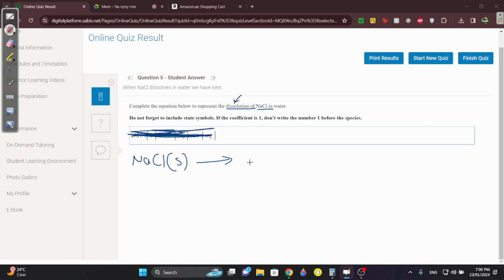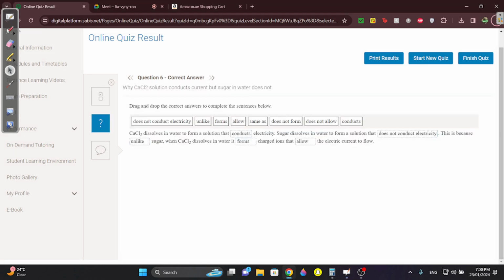NaCl is made up of two things, Na and Cl. We have to put the charges, right? Since we're putting it in water, they're going to dissolve and become ions, and ions have charges. Na is Na plus because it's group 1, and Cl is Cl minus because it's in group 7. And of course you have to write aqueous here because they're dissolved in water. That's literally it.